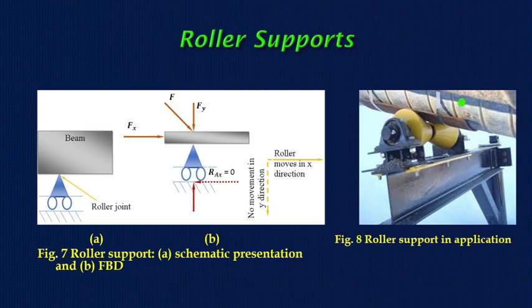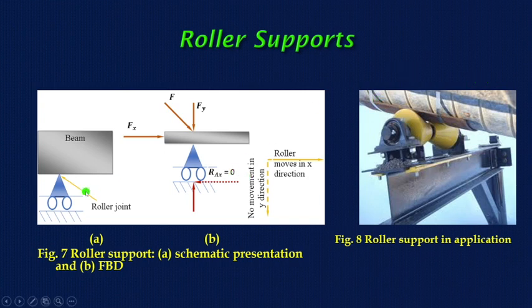That is the dynamic condition, dynamic case. So that reaction we will discuss in dynamics. But in static condition, if the support does not move, due to this support the object does not move in a direction, then there will be a reaction, and if it can move, no reaction is there.